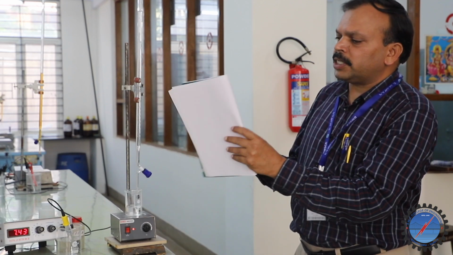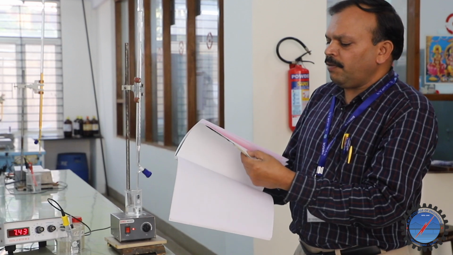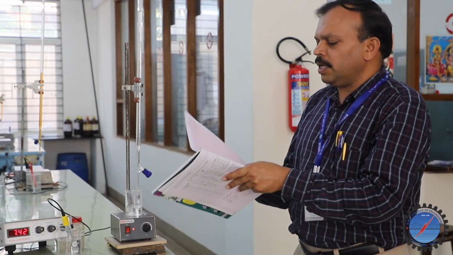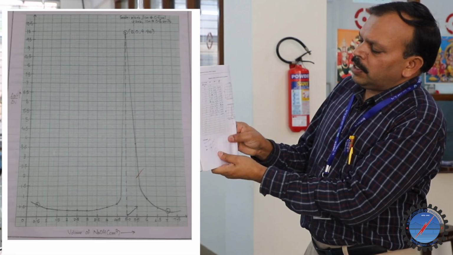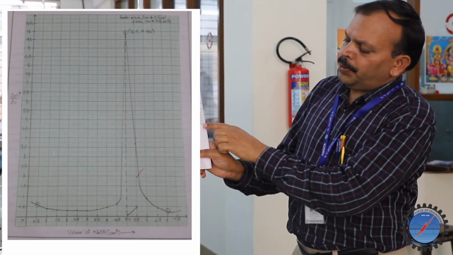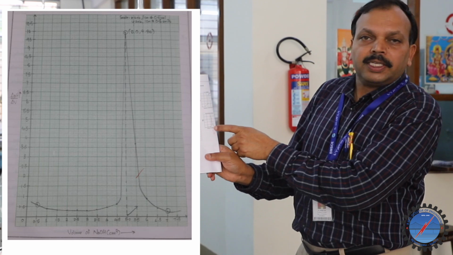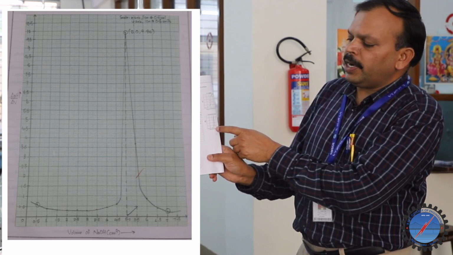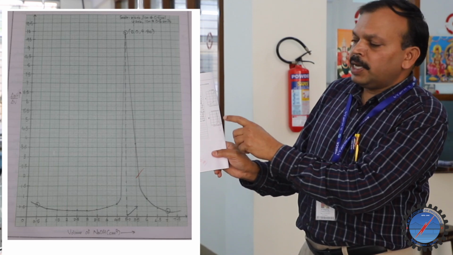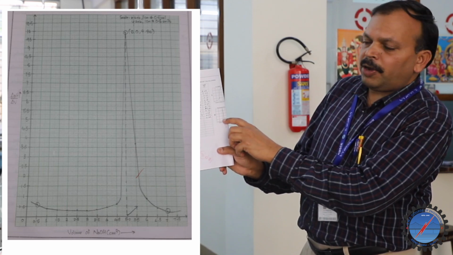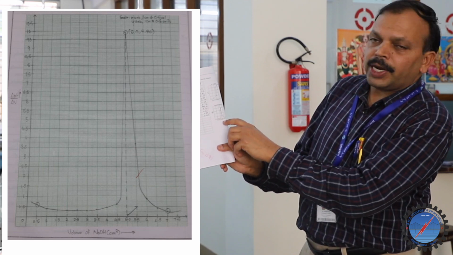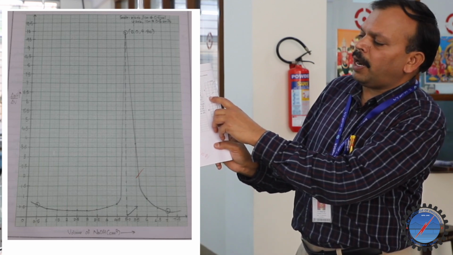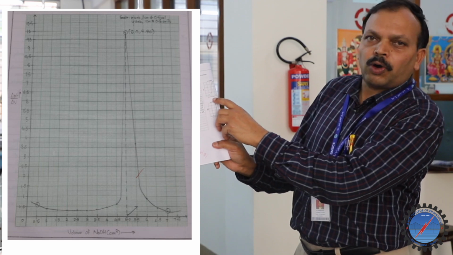How do we use that concept here? I will show you in the graph. I told you the example: we may get 7 as the equivalence point from my experiment. I divide it by 2 and it becomes 3.5. Whatever half-equivalence value I get, I will substitute into the first graph, where I have plotted pH versus volume of NaOH.